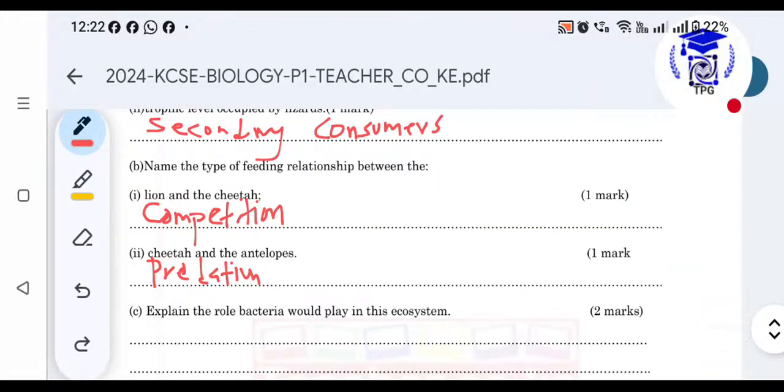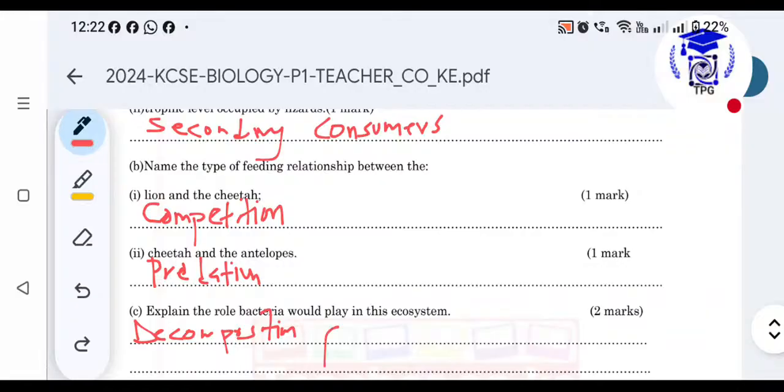Part C. Explain the role bacteria would play in this ecosystem. The role of bacteria is decomposition. And what is the purpose of decomposition?